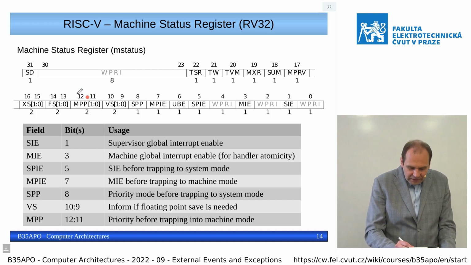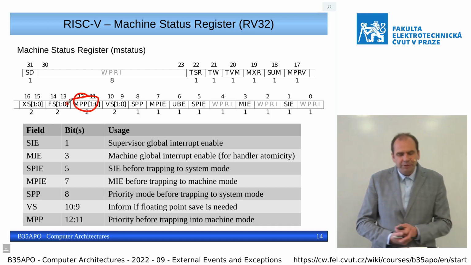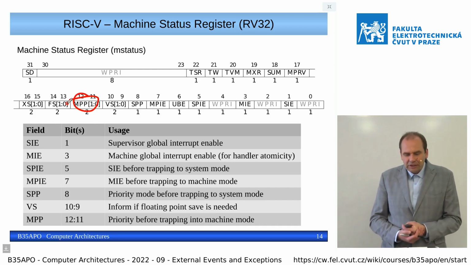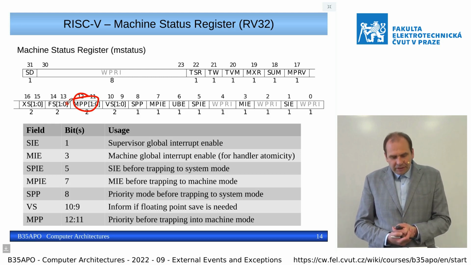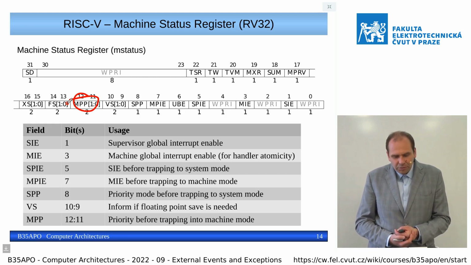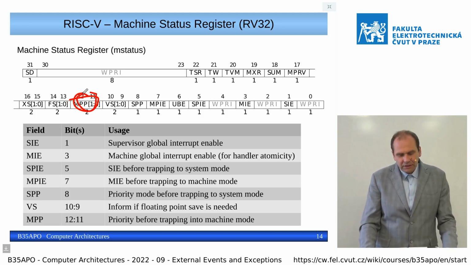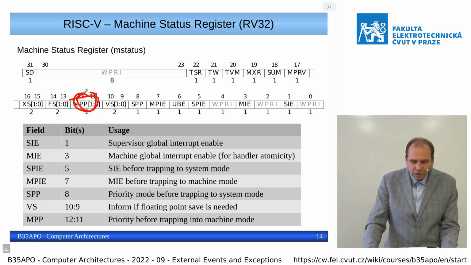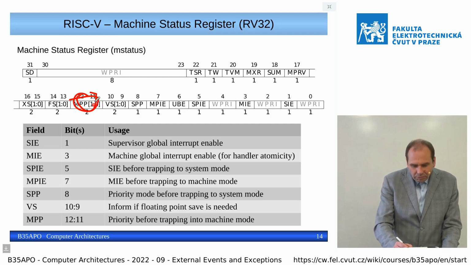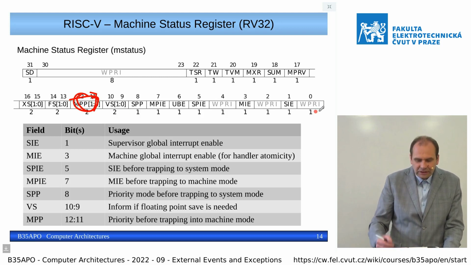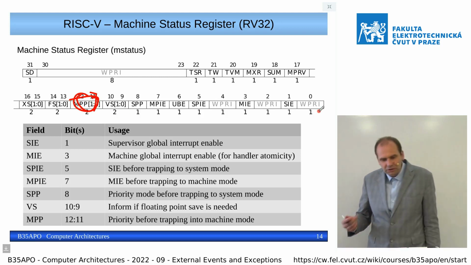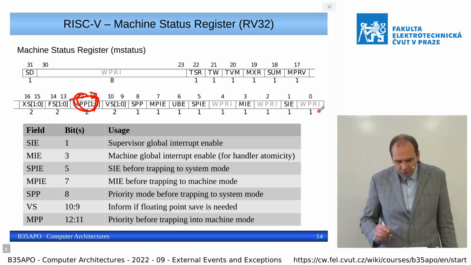Then there is information about previous privilege levels. If, for example, the interrupt comes when the processor is running in user mode, then in such a case we store the information that the exception has arrived from user mode, so that when we end its processing, we know we should not return to machine or supervisor mode, but to user mode.